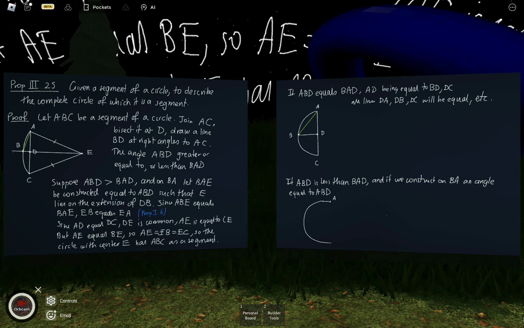So there's A, there's C, we bisect it at D, we have B, we have AB, but now ABD is less than BAD, and so I'm going to construct this angle in here, E.